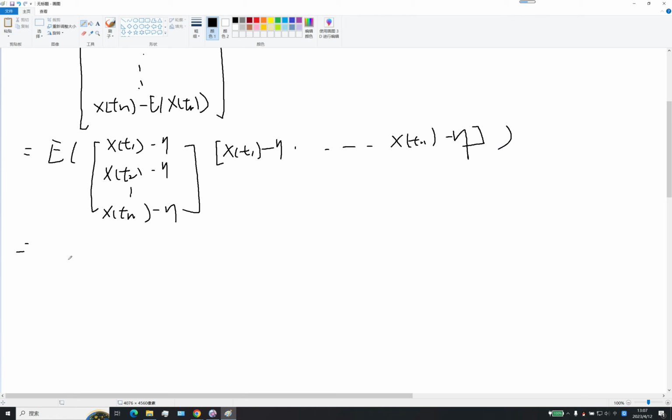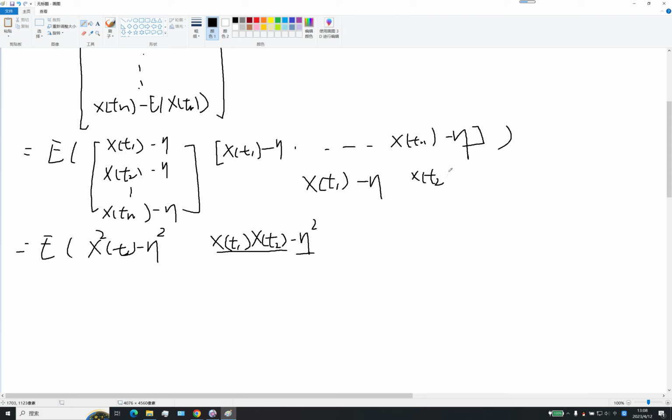So when we multiply them together, it is E of X(t1) squared minus eta squared, and X(t1)X(t2) minus eta squared. We get this when we take X(t1) minus eta and X(t2) minus eta and multiply them together.